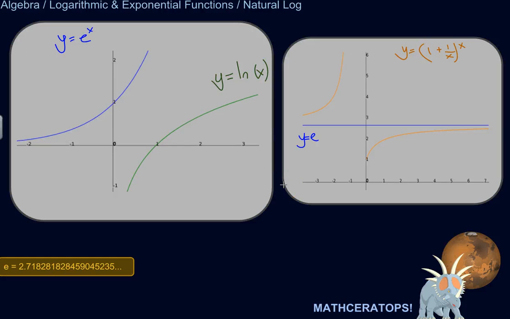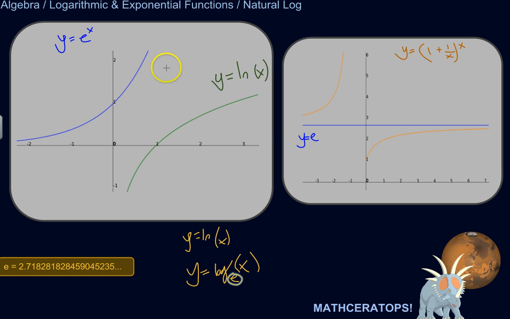So the natural log function, y equals ln of x, stands for natural log of x, or you could write it log base e of x, because the natural log is the log with base e.